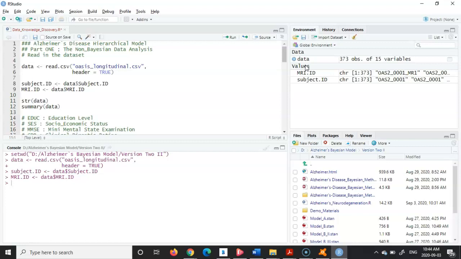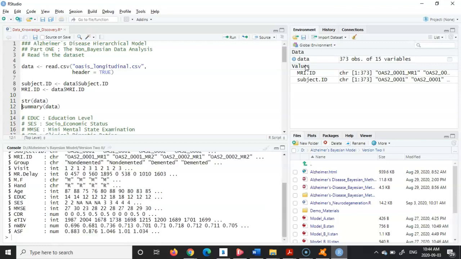I create two objects, subject ID and MRI ID, which are essentially two features of my dataset. The first thing I'm going to do is see the structure of the data.